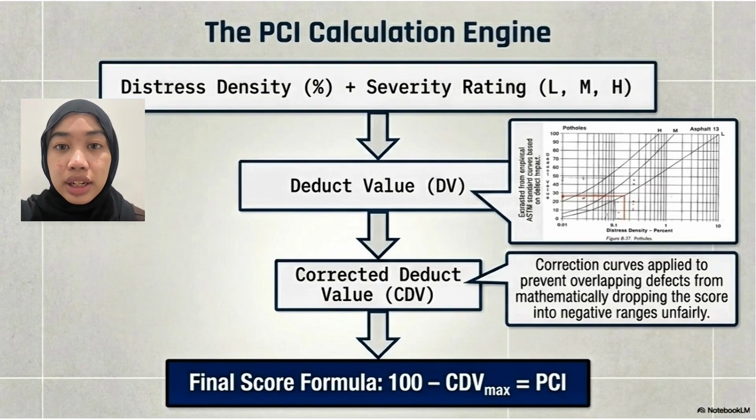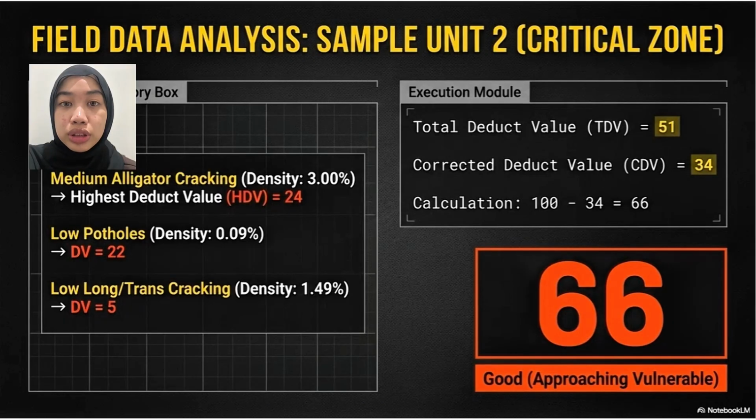For the last step, we will calculate the final condition using the formula PCI equals 100 minus CDV maximum. I will continue to the field data analysis for the critical zone.